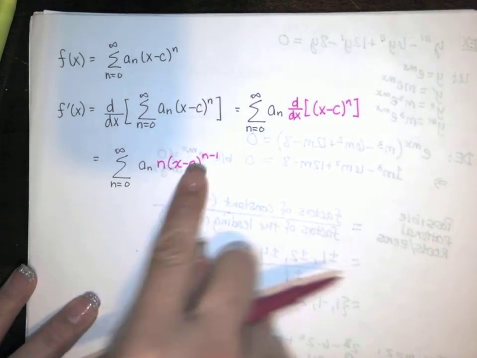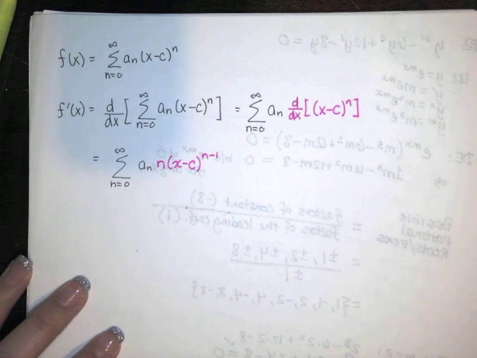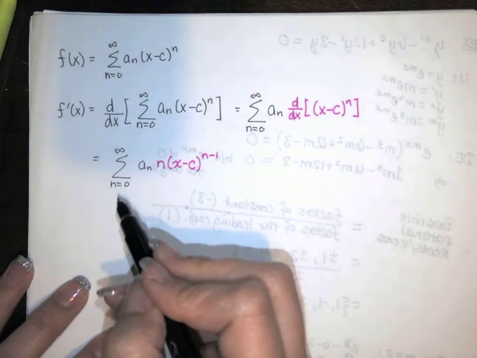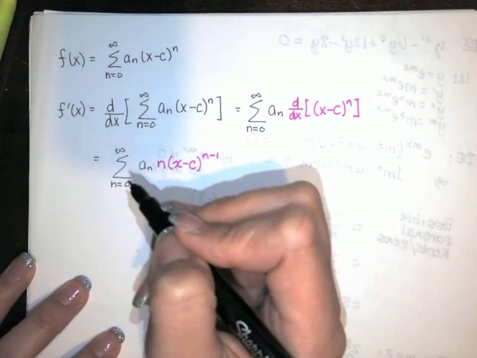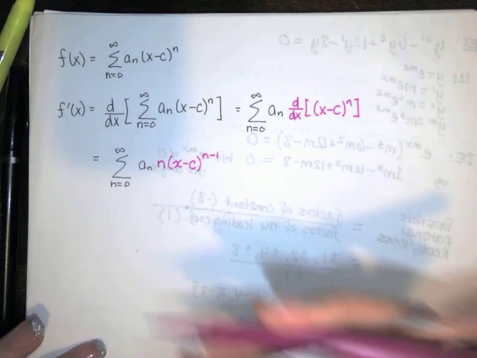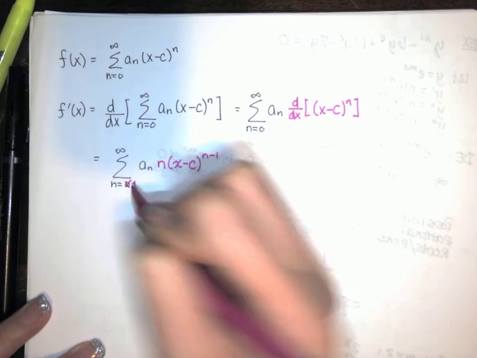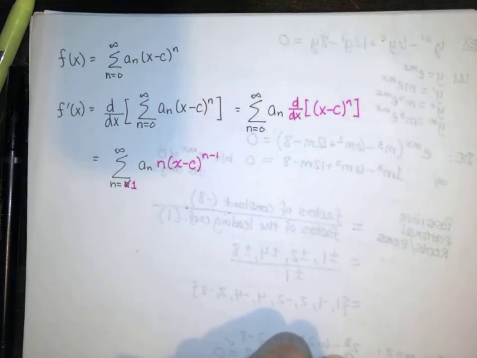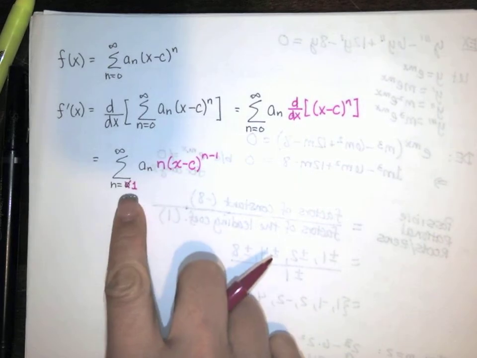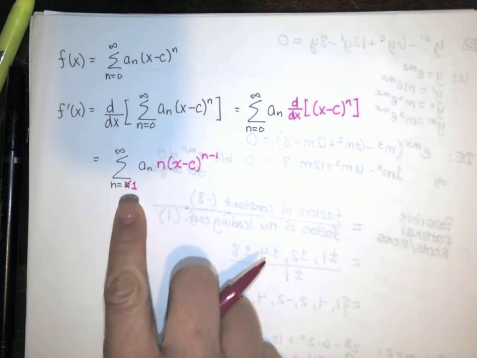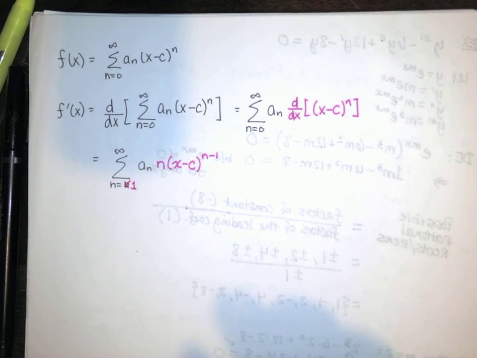So we don't want to add that 0 at the beginning of our series. So most of the time what they do, instead of writing this, they write this. We're going to change the starting value of the index to be 1 so that we start with the first non-zero term. But remember, the reason why that index increases by 1 is because when n is 0, we get 0.